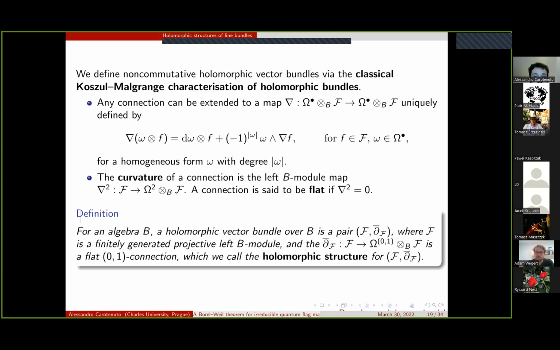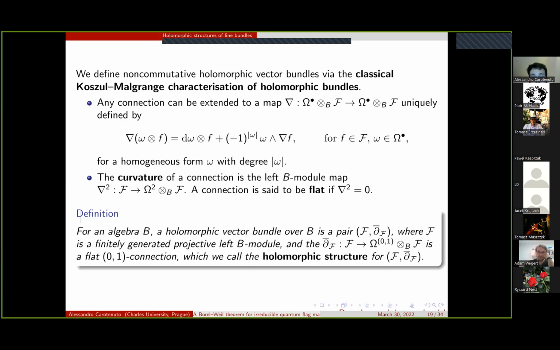Honestly, the vanishing of the 2-0 part, yeah. Okay, I see. Honestly, I don't know much better what the requirements for Koszul-Malgrange are in full generality, so there might be something missing.